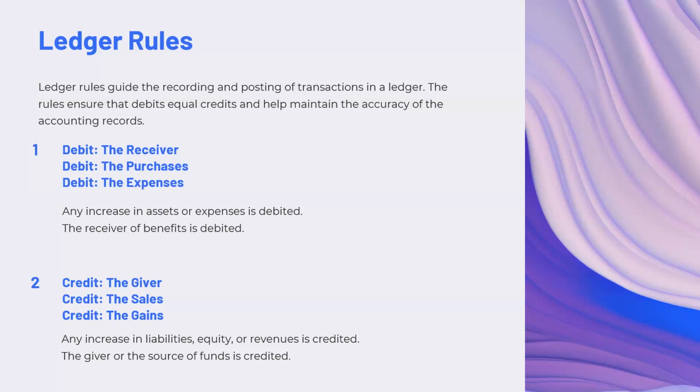So if you purchase assets for the company, obviously the money is going out of the company. That's why the term any increase in assets is seen as debit, because when you purchase an asset for the company, the money always goes out of the company.